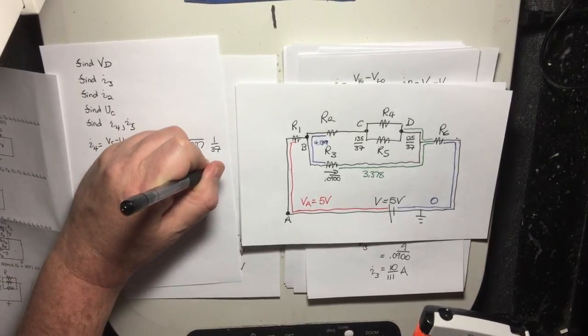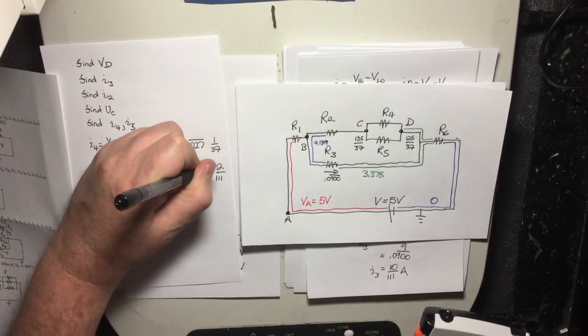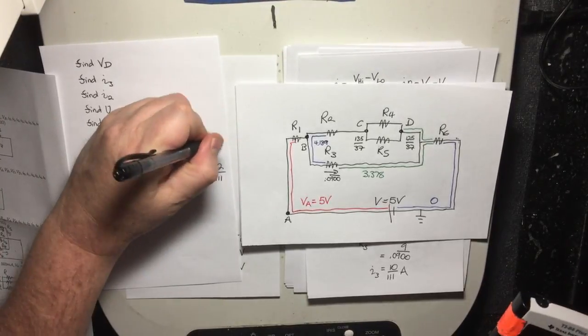0.018 repeating, or 2 over 111, is I5 and I6.